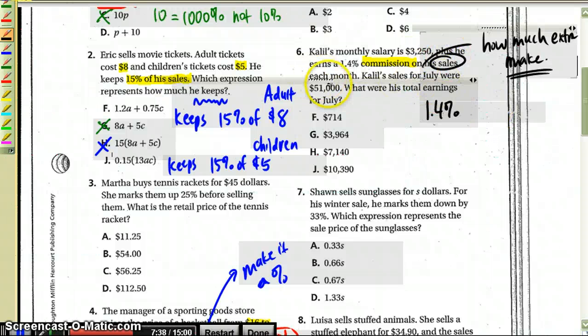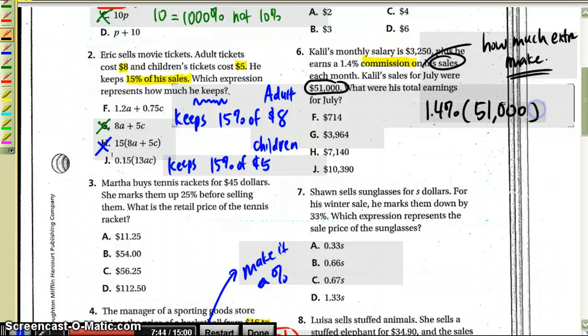Her sales here, for that month, was $51,000. So I want to find the percentage of $51,000. When I get that price, then what I want to do is add it to her salary, because no matter how well or poorly she's selling on a monthly basis, she will get $3,250 no matter what.